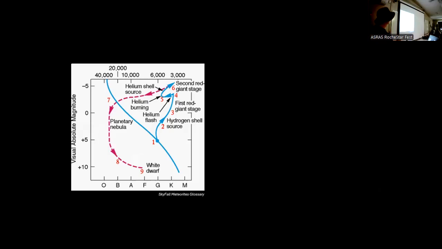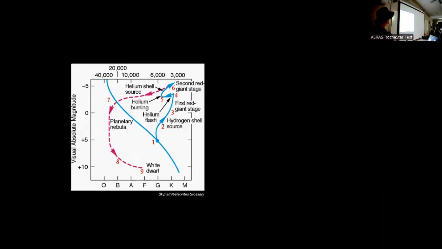And here, as it moves up, it's becoming more luminous, larger, but moving to the right, cool. So this star is turning redder, but more luminous because of its size, not because it's burning more brightly. And because we're looking at visual magnitude, this becomes the first red giant stage.